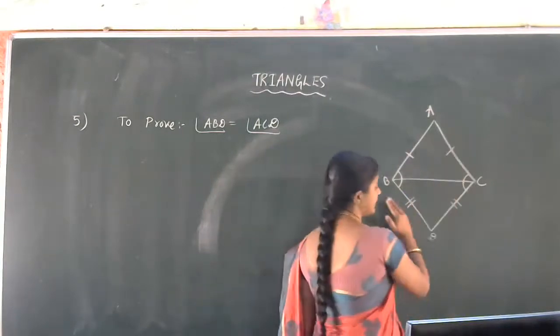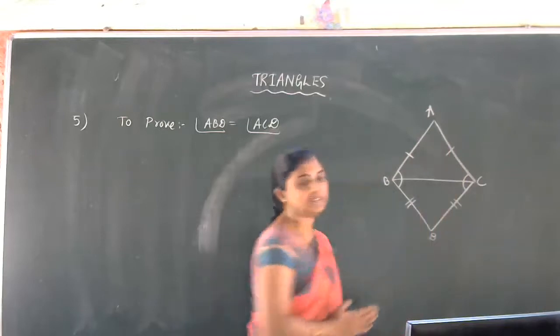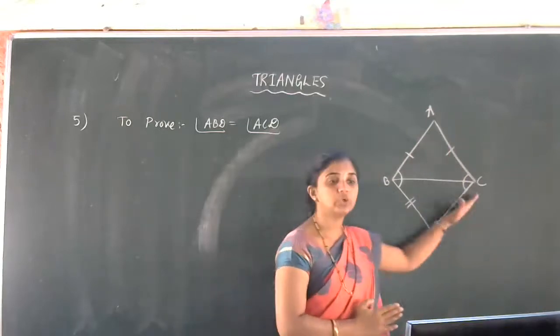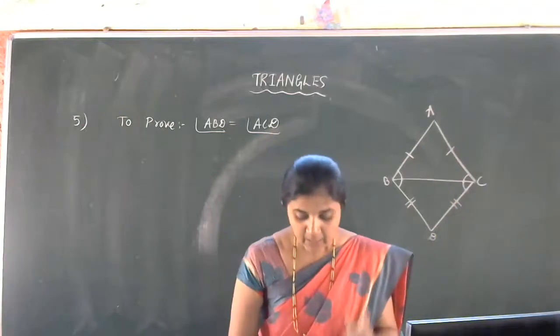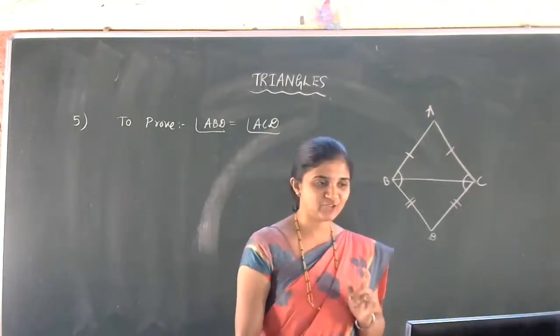So angle ABC is equal to angle ACB. Call this equation number 1. The reason: angles opposite to equal sides of an isosceles triangle are equal. Angle ABC is equal to angle ACB because AB is equal to AC.